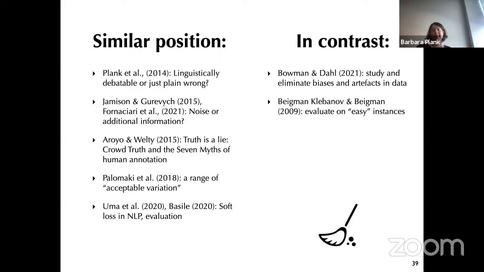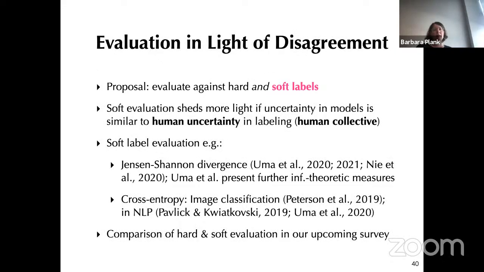But what we propose here is: let's not just evaluate, first of all, let's study this disagreement more. In terms of evaluation, it's going to be important to evaluate against both the hard and the soft labels. Why? Because hard labels are what we do, assuming a single ground truth. Soft labels are the uncertainty of human annotators, or even the opinion of the human collective, you could say.